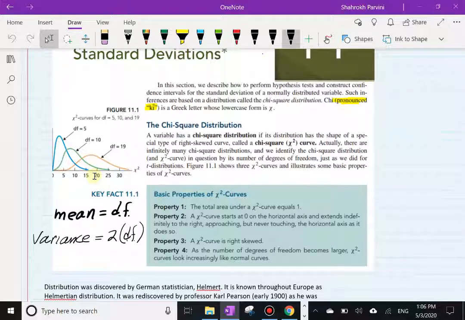For the one with 10 degrees of freedom, of course, that's the center of that distribution. 5 degrees of freedom, that would be the center of that distribution. And then the variance is twice the degrees of freedom. We're not going to directly work with the mean and variance, by the way. That's just general information.